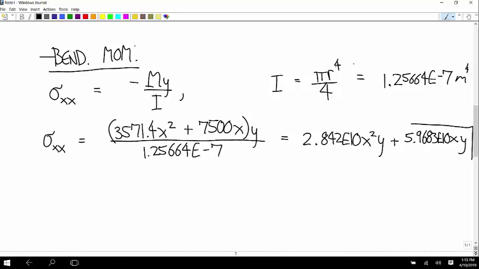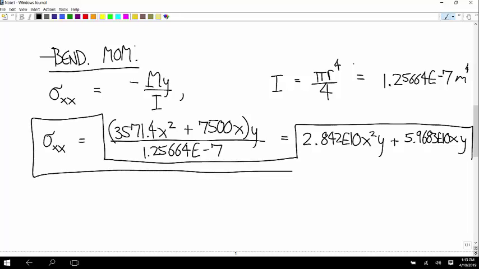Okay, so this is our function for the x normal stress due to the bending moment.